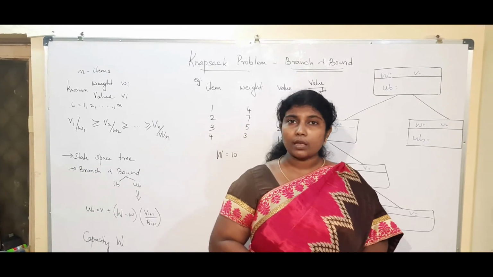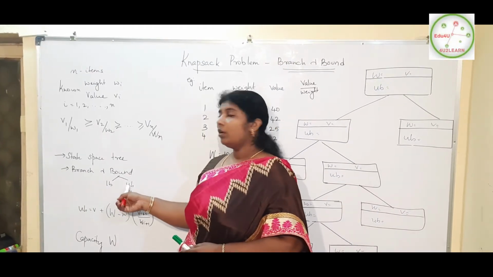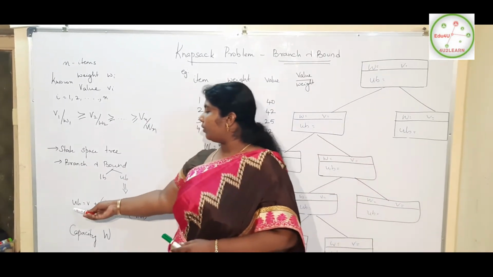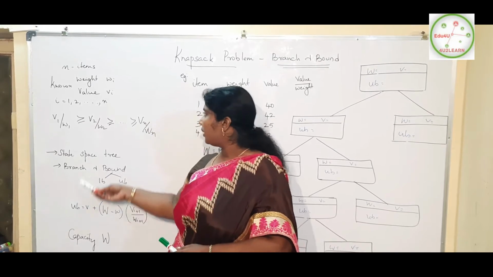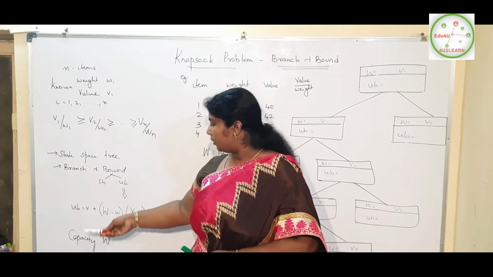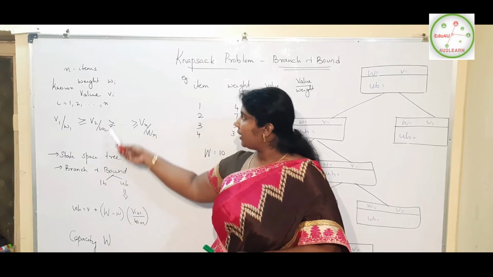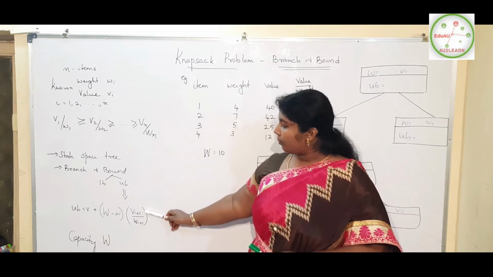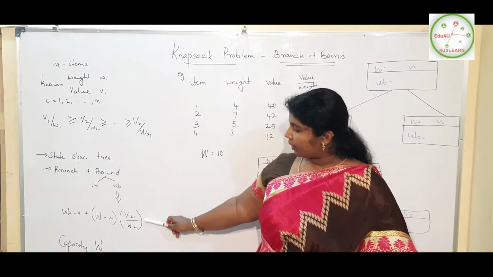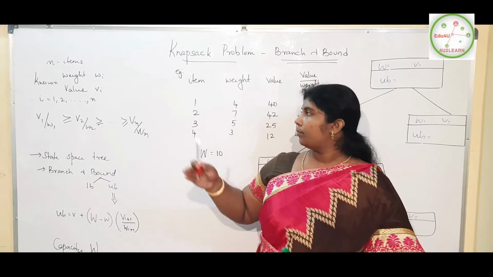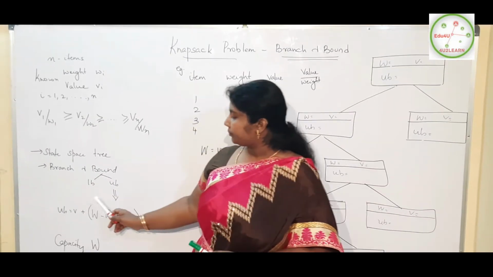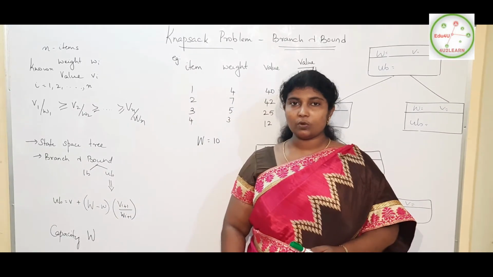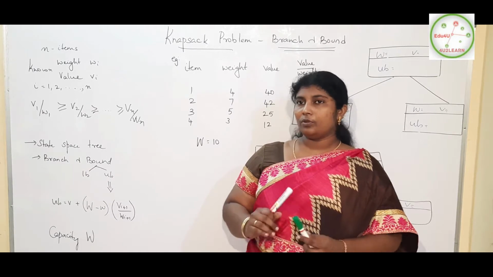Since it deals with the maximum, we estimate the upper bound. The upper bound is estimated as the value plus the remaining capacity, capacity minus the weight, multiplied by the next most profitable value per weight. This is the actual value, and this is the prediction for the future.